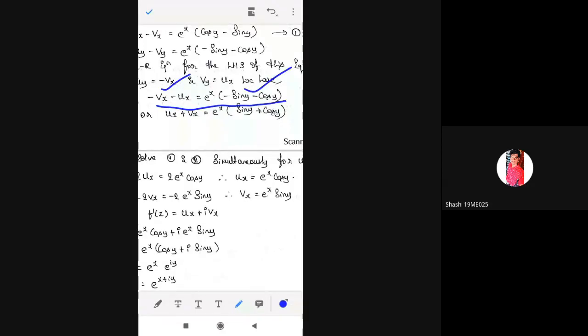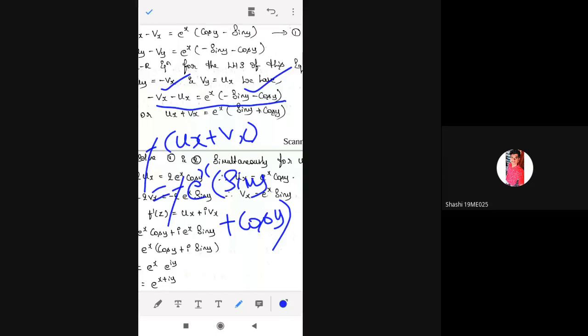So when I take it as common, minus of ux plus vx is equal to minus of e power x of sin y plus cos y. Close the bracket. Now minus and minus get cancelled to give ux plus vx is equal to e power x of sin y plus cos y.